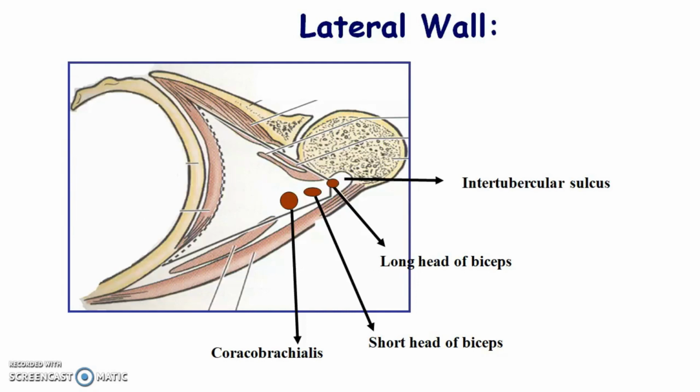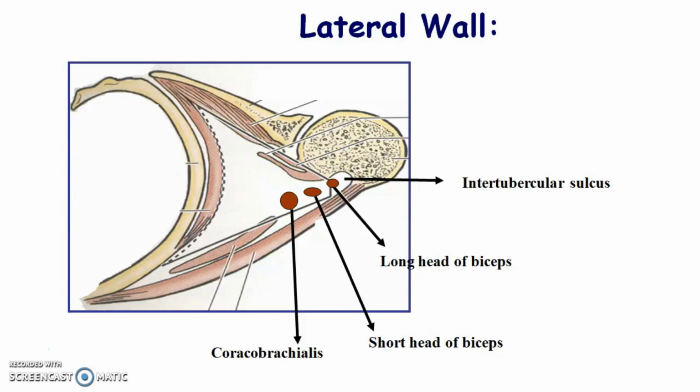The anterior wall will be carrying some important layers such as skin, superficial fascia, deep fascia, that is nothing but pectoral fascia, along with the pectoralis major muscle, subclavius muscle and pectoralis minor muscle.